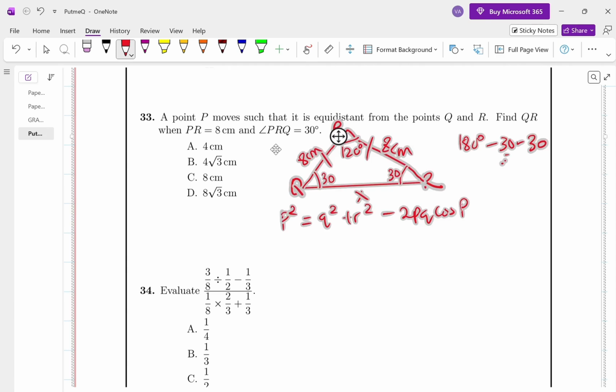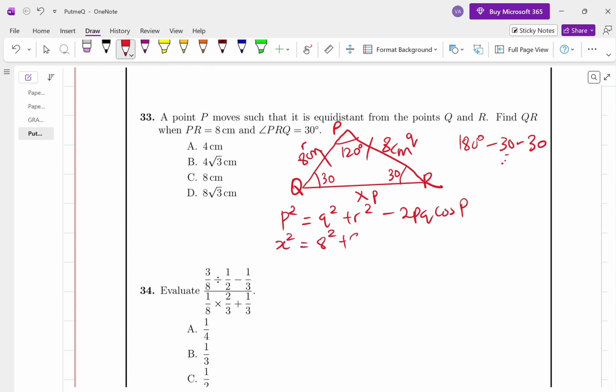Remember that this is small letter P, this is small letter Q, this is small letter R. So small letter P is the side opposite to the capital letter P, small letter Q is the side opposite to this capital letter Q. So X squared equals 8 squared plus 8 squared minus 2 times 8 times 8 cosine of 120 degrees.